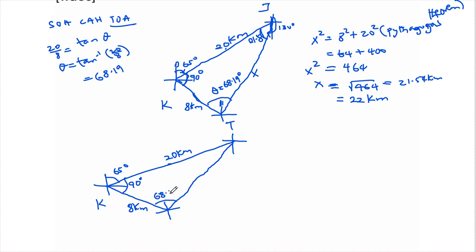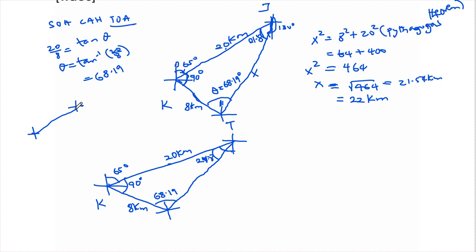Yes, so remember we already calculated this to be 90 degrees, and this angle here is already 68.19 degrees and makes here 21.8. Okay, 21.8. Now, don't forget that this angle being 65 degrees will always be equal to this angle here.